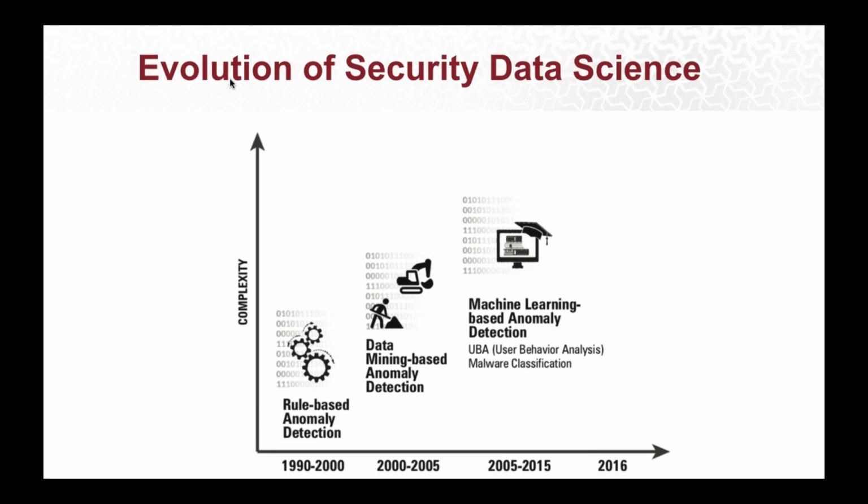But before that, we also need to talk about where we are as a blue team. What is the evolution trajectory we have seen over the past few decades? If you look at the trajectory of the blue team, or security data science as such, it started with rule-based systems: intrusion detection and intrusion prevention systems for the network, and also for the host.